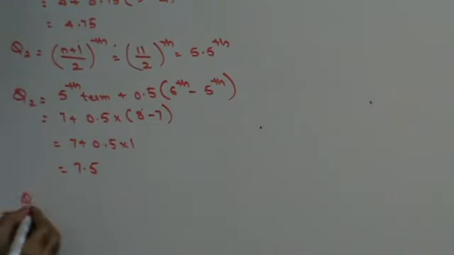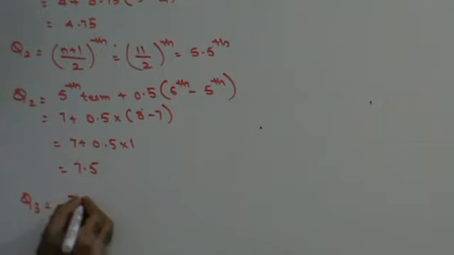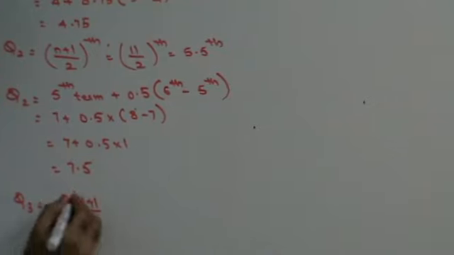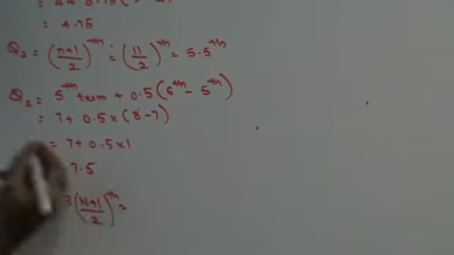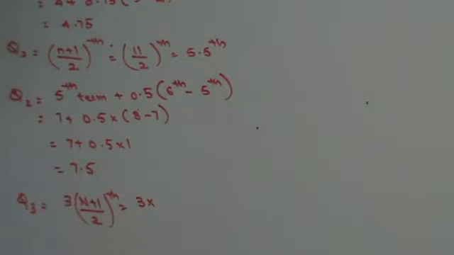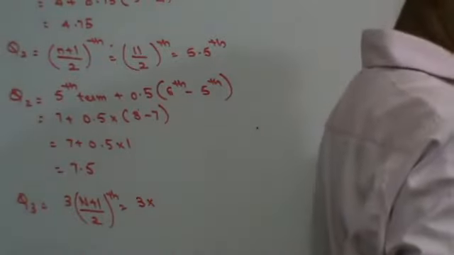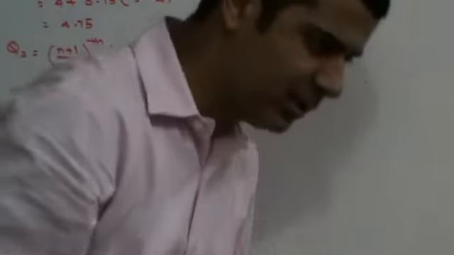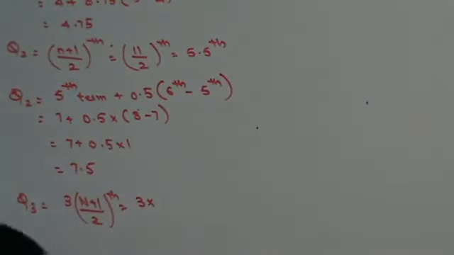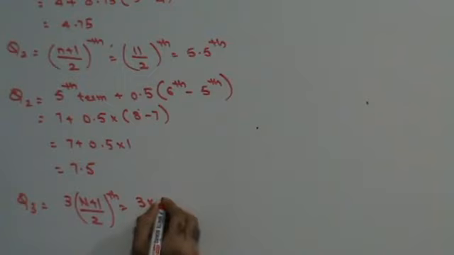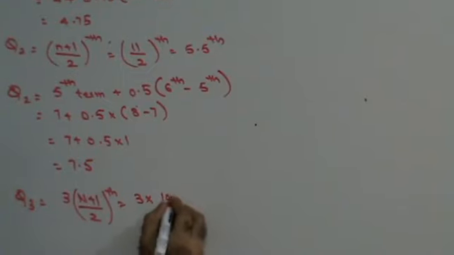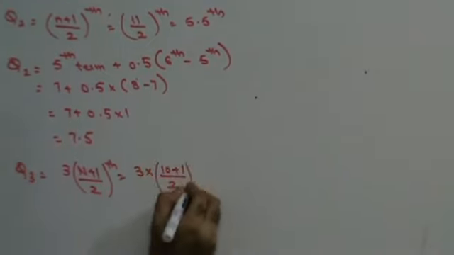Then similarly Q3 is nothing but 3(n plus 1) by 4th term. We'll make a sheet for all the formulas at the end. Right now let's see the sums first. 3 into n, n is 10, plus 1, by 4th term.